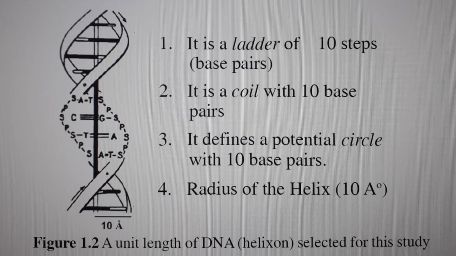Number 1, it is a ladder of 10 steps or 10 base pairs. Number 2, it is a coil with 10 base pairs. Number 3, it defines a potential circle with 10 base pairs. Number 4, the radius of the helix is 10 Angstroms.